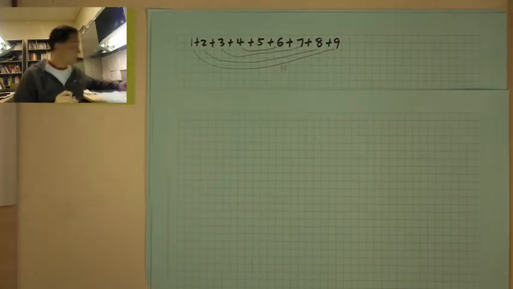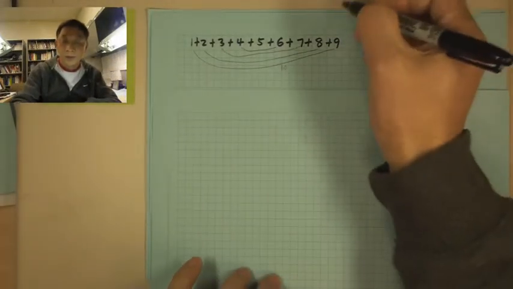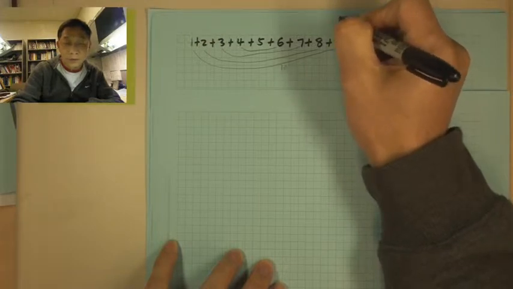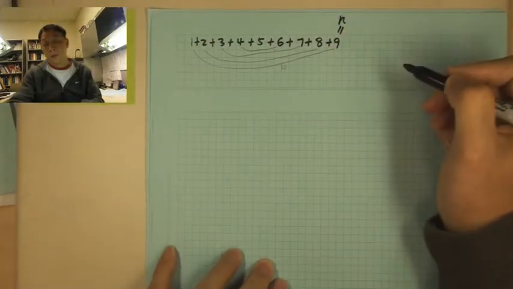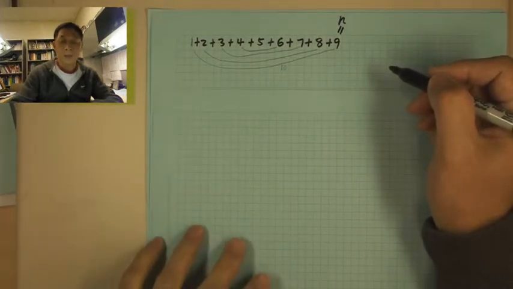And in this case, n is 9. We have 9 terms together.